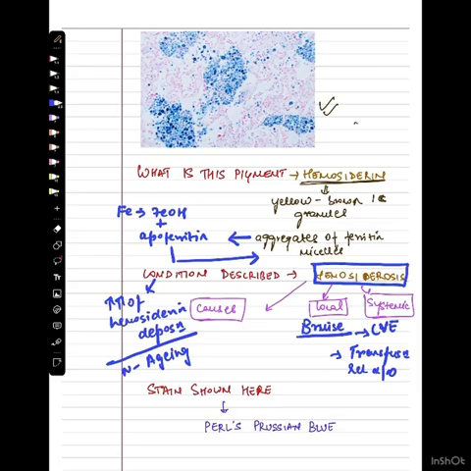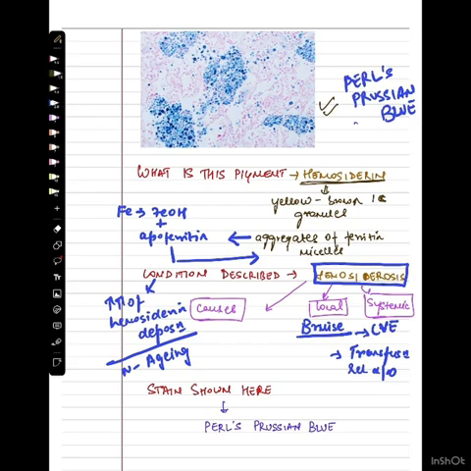The stain which is shown here is the Perls' Prussian blue stain. So what happens in this Perls' Prussian blue reaction?